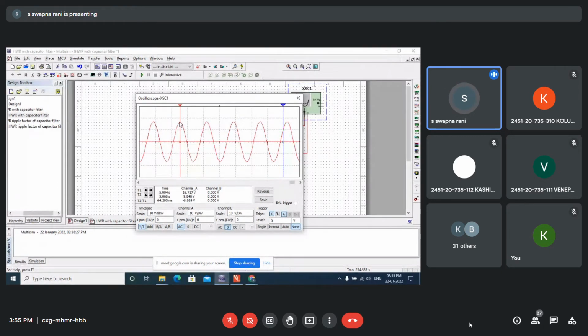So the peak voltage of the input signal is given here: 16.717 volts. The peak voltage is 16.717 volts.